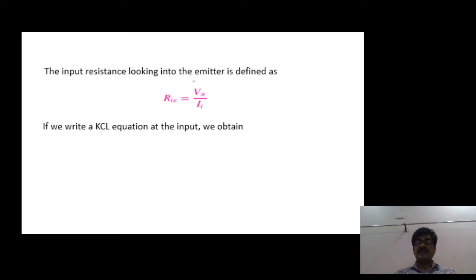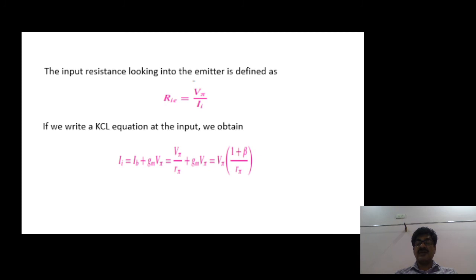By using the KCL equation at the input, Ii equal to Ib plus Gm V pi, where Ib is V pi by R pi, plus Gm into V pi.